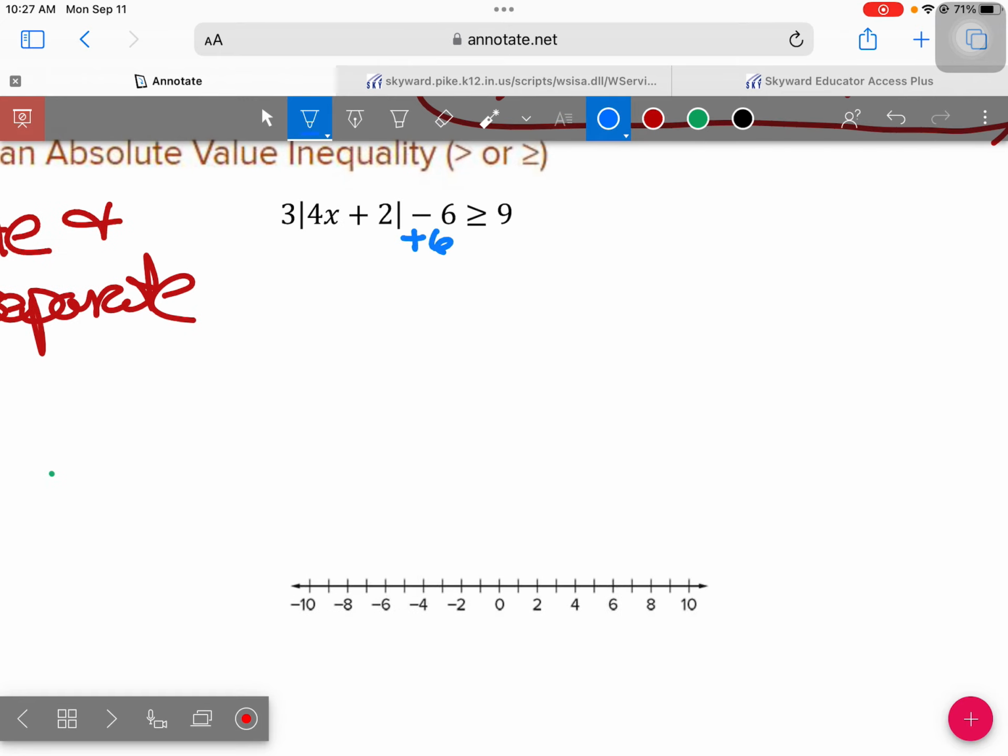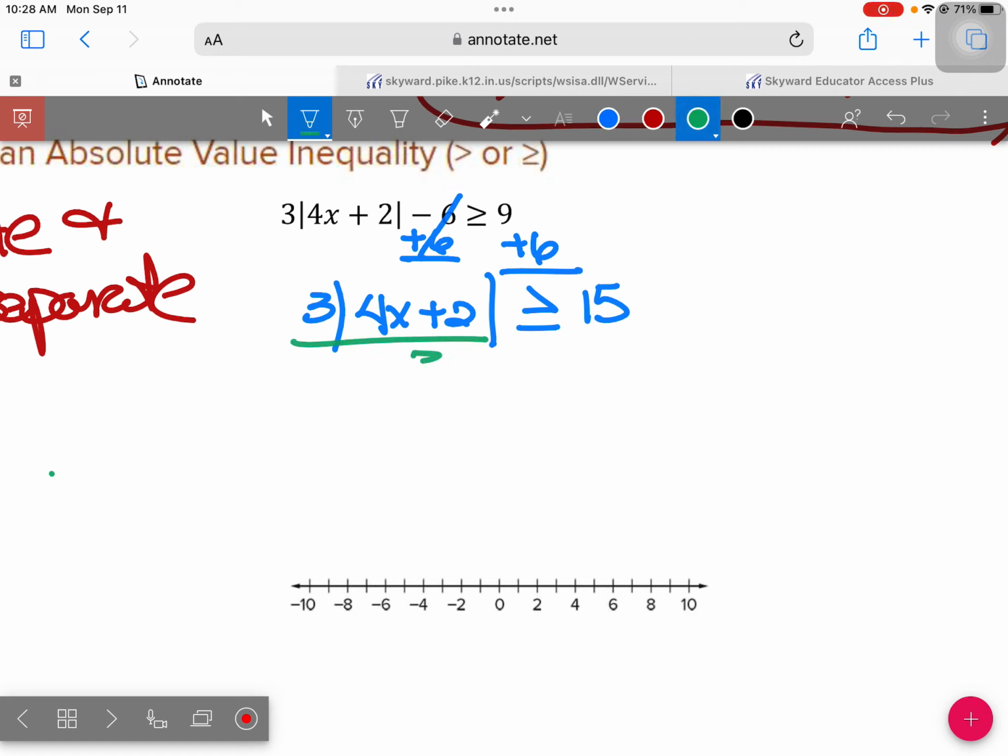4x plus 2 is greater than or equal to 5. It's exactly as that is written. And on the other side, 4x plus 2, I'm comparing it to negative 5, which means I had to have divided by a negative, so I am going to flip the sign.